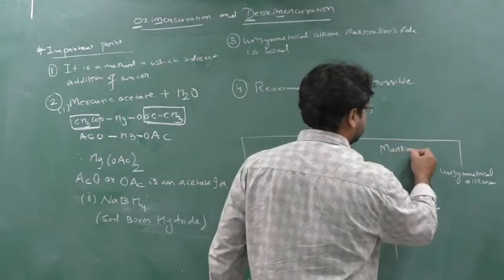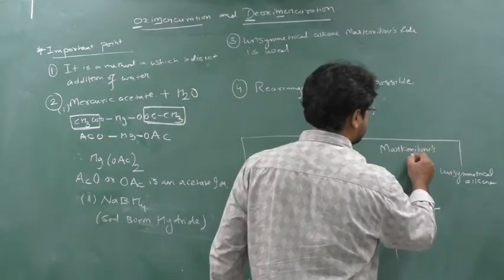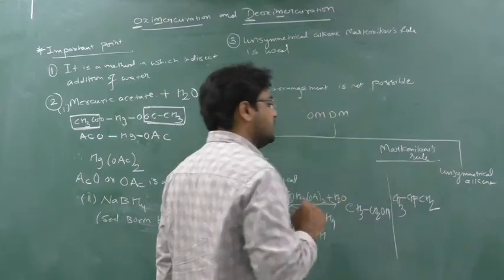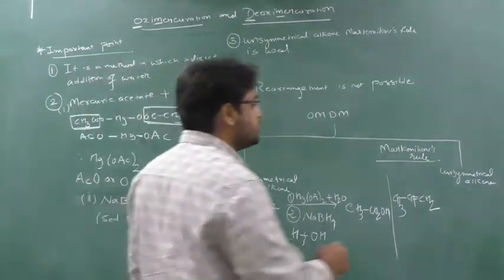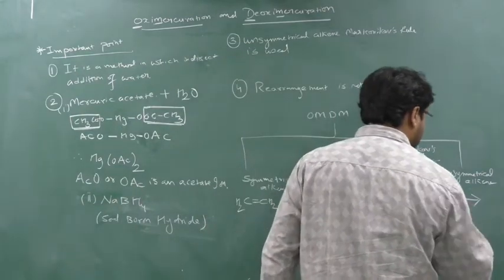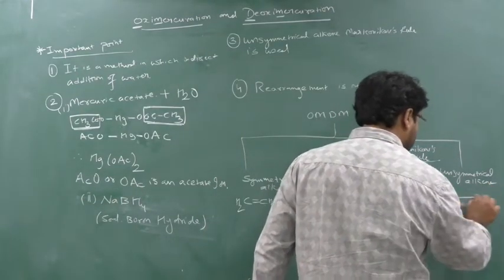For an unsymmetrical alkene we are using Markovnikov's rule. And what does Markovnikov's rule say? That the negative part will attach to the carbon which contains less number of hydrogens. I am writing down the answer.